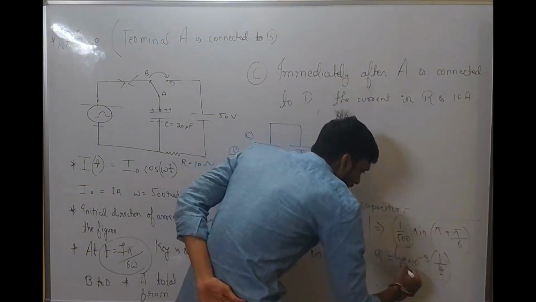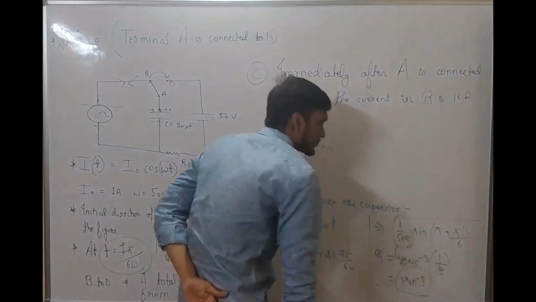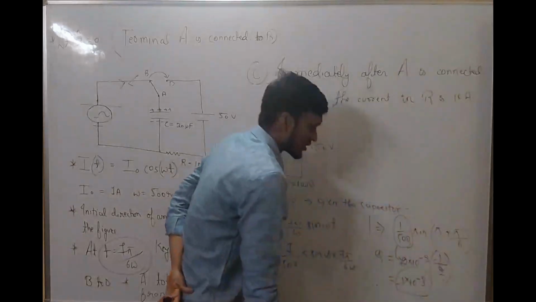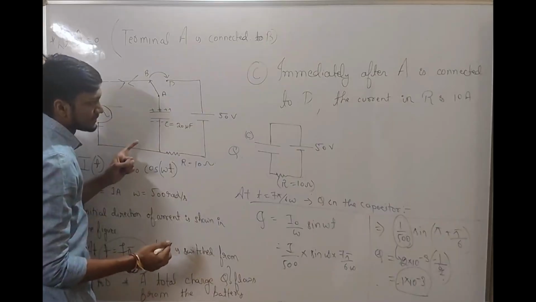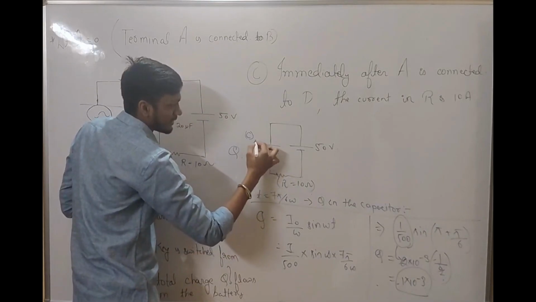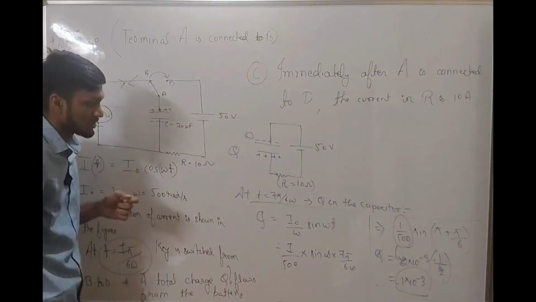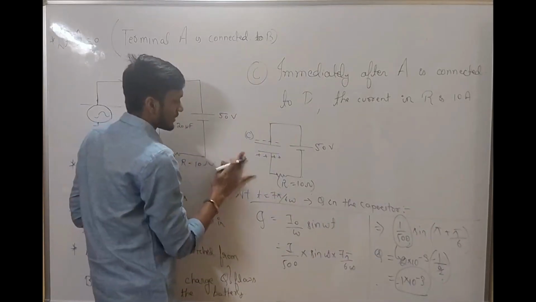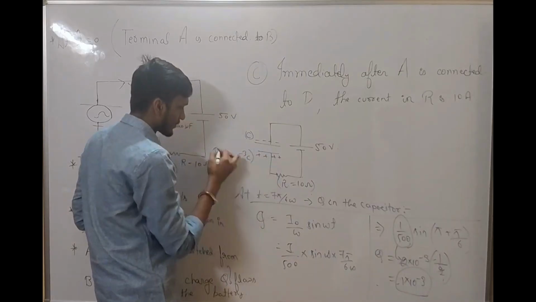So this is nothing but minus 1 into 10 to the power minus 3 coulomb. This would imply that the upper plate is negatively charged, the lower plate is positively charged, and the exact charge value is 1 into 10 to the power minus 3 coulomb. So Q equals 1 into 10 to the power minus 3 coulomb.